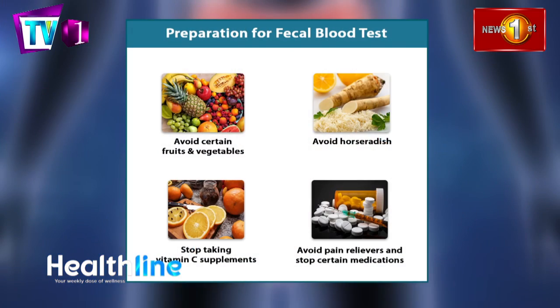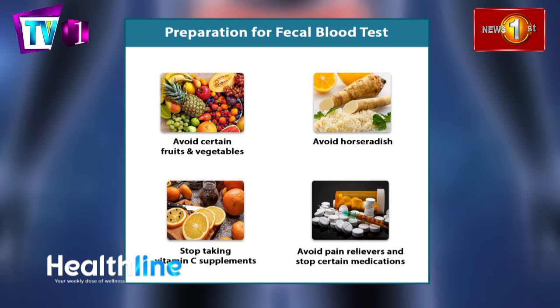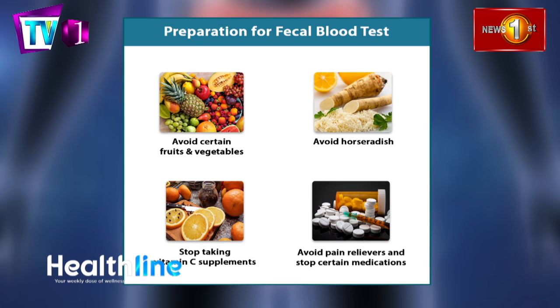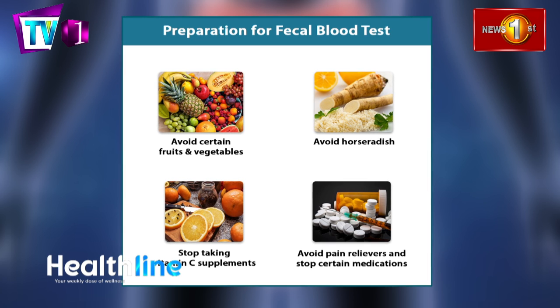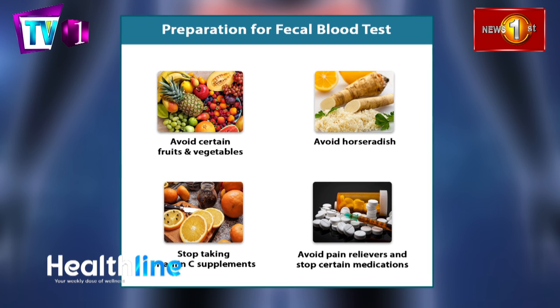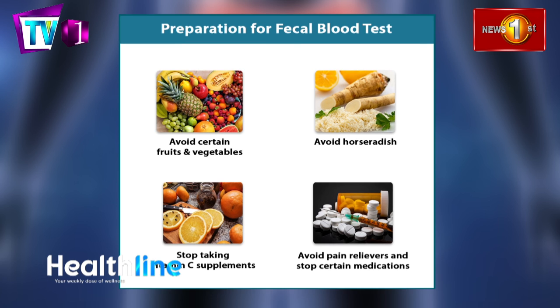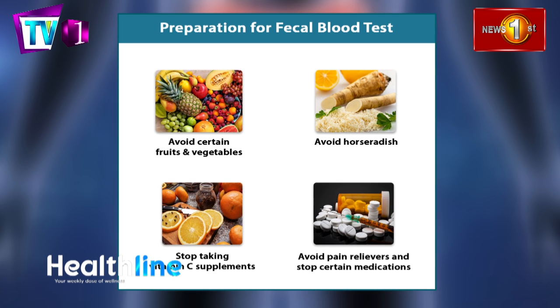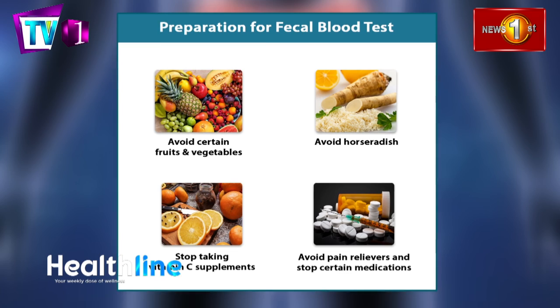If the person is taking iron tablets, they have to stop for at least 3 days. You should not consume red meat for at least 3 days. Then you should not use vitamin C containing fruit juices, or if you are taking vitamin C, we should stop that. So likewise we give advice and then ask the patient to get the test done.